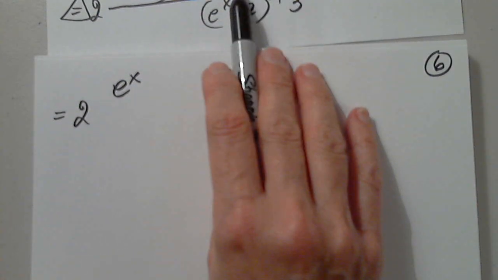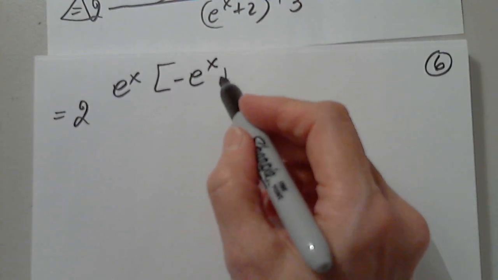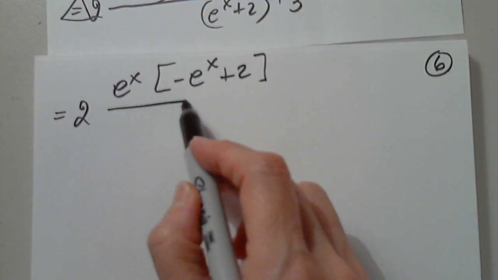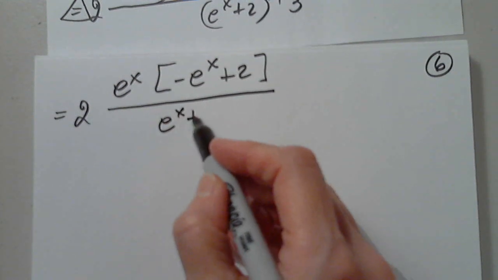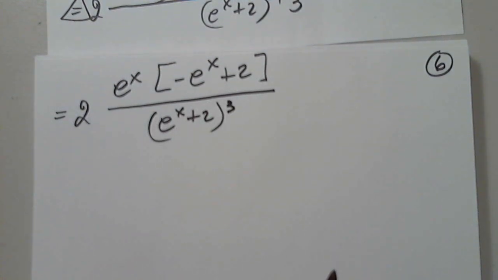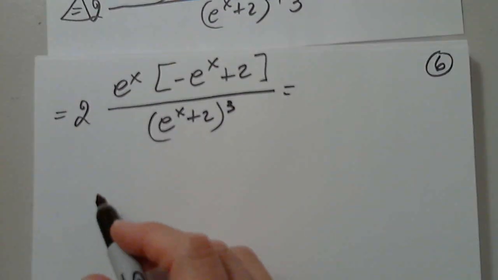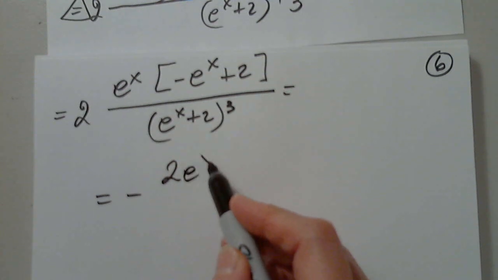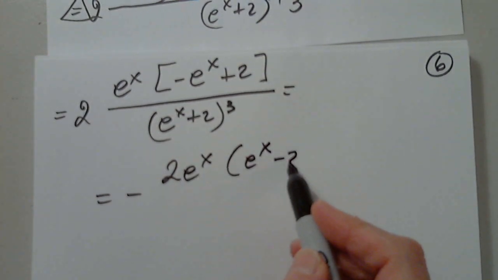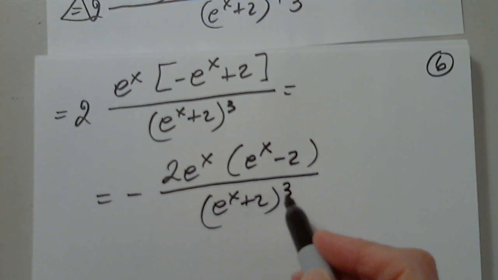Negative 2 e to the x plus e to the x, negative e to the x plus 2, over (e to the x plus 2) to the third power. You can pull out a negative sign: 2 e to the x minus 2 over (e to the x plus 2) to the third power.